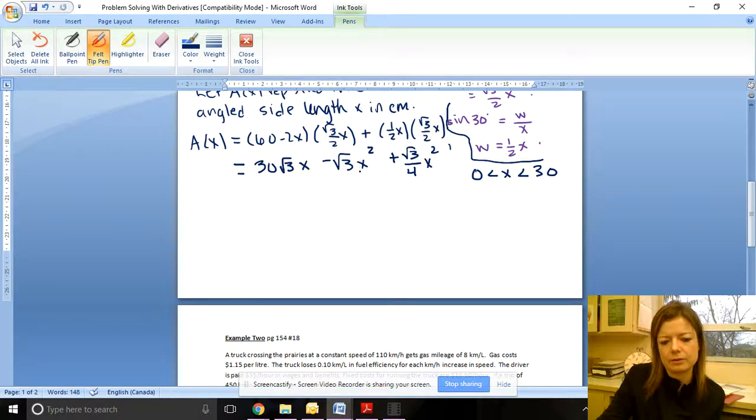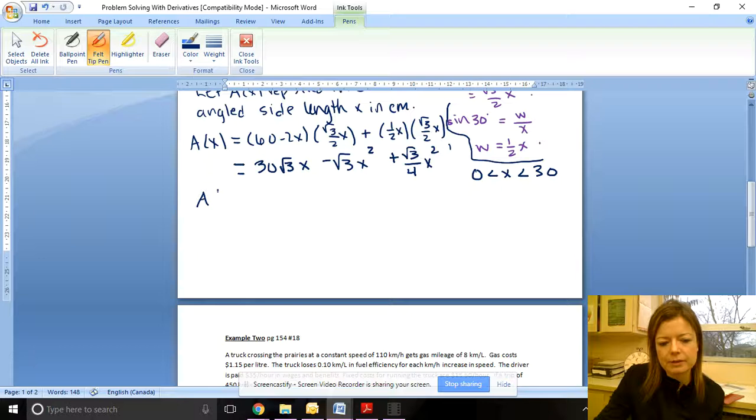Technically root 3 and root 3 over 4 are like terms, and you could collect them, but I left it that way. Also notice that I'm leaving everything in terms of root 3. I am not estimating. I'm keeping those true values. So now we have that function.